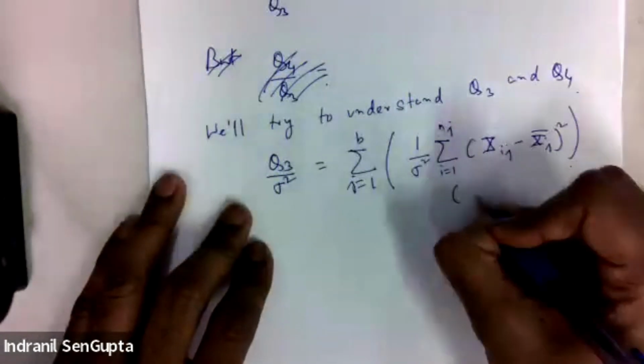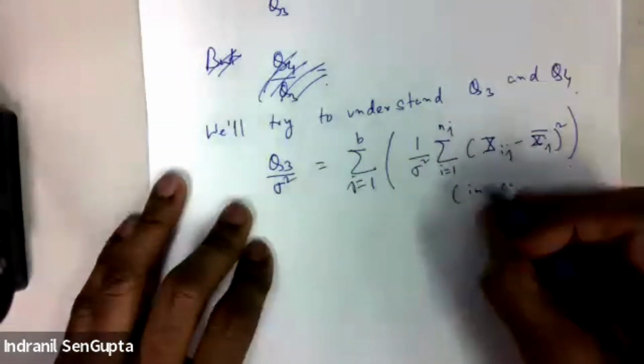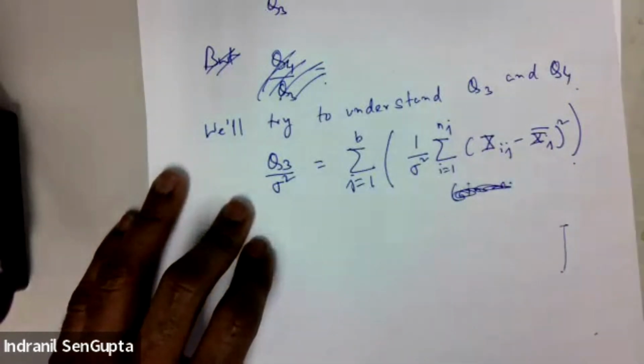So we are just replacing the numbers by the distribution, because now we are discussing the distribution. Now let's look at this quantity.